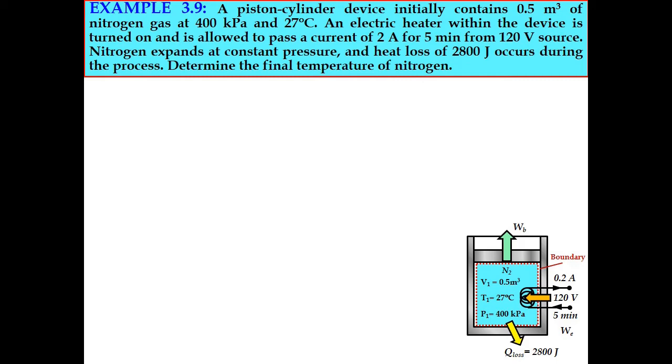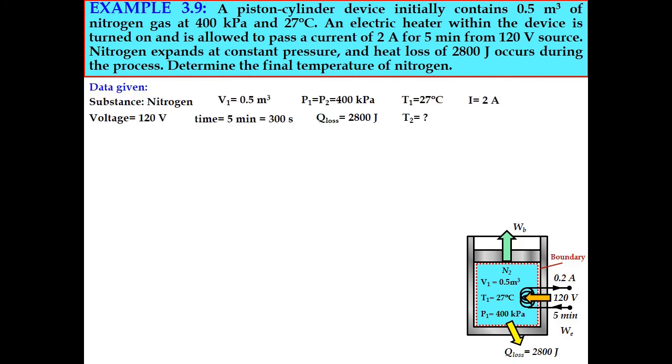For this case, the pressure is constant and the piston moves in order to maintain the pressure, so we will have moving boundary work. During the process we have Q loss to the surroundings, equal to 2800 joule.